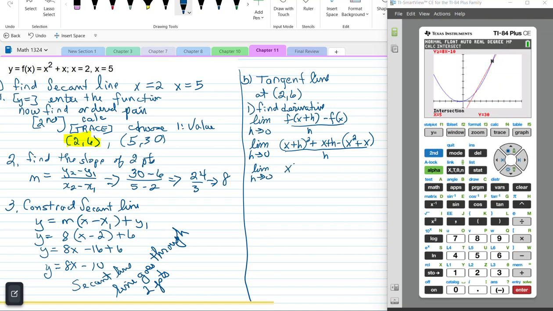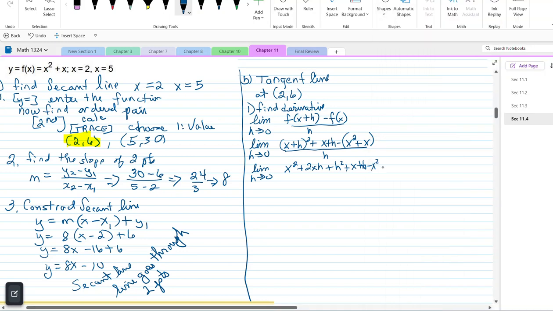So I'm going to have x squared plus 2xh plus h squared plus x plus h minus x squared, and minus x all over h.